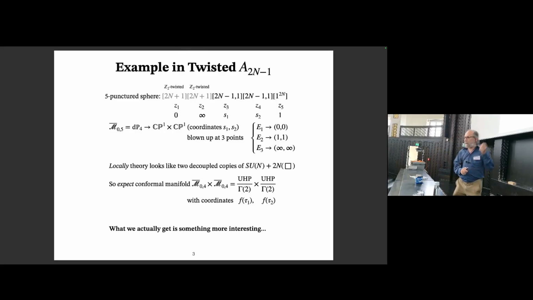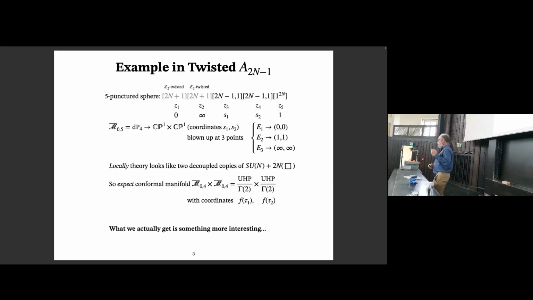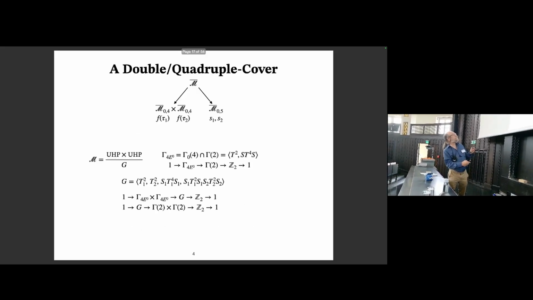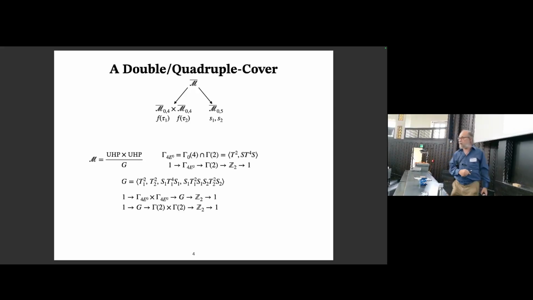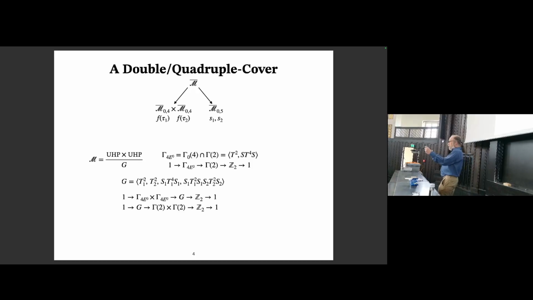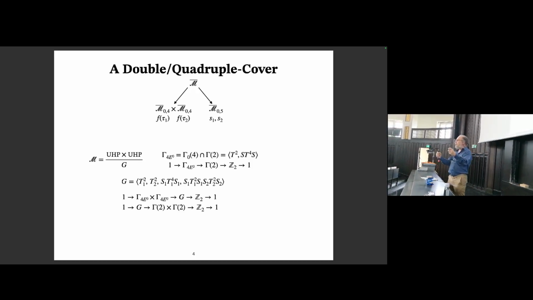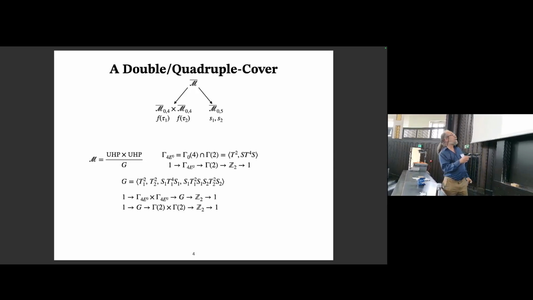What we actually get in this realization is something slightly more interesting. So our actual conformal manifold, I'll call it M bar, has a projection to the moduli space of the five-punctured sphere, and it has a projection to the moduli space of two genuinely decoupled copies of the aforementioned Lagrangian field theory.